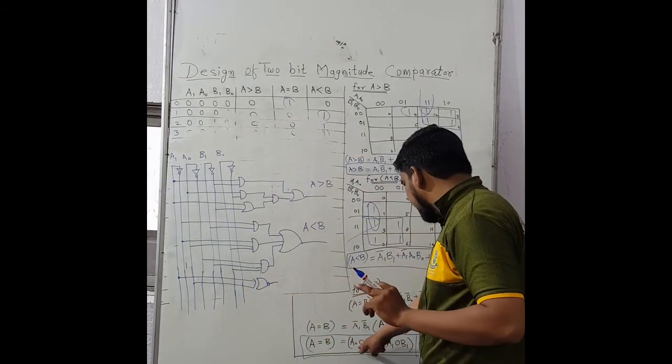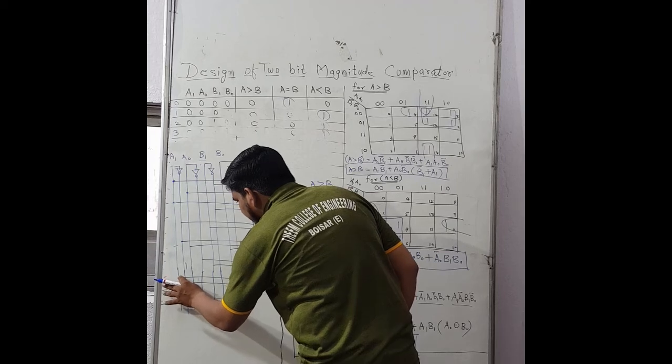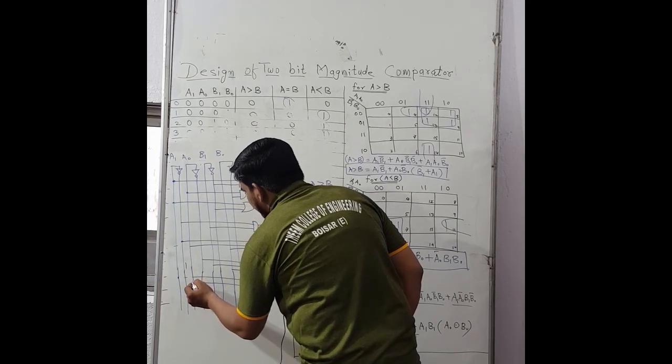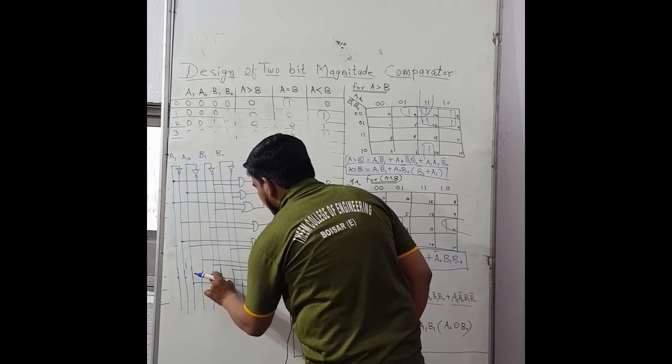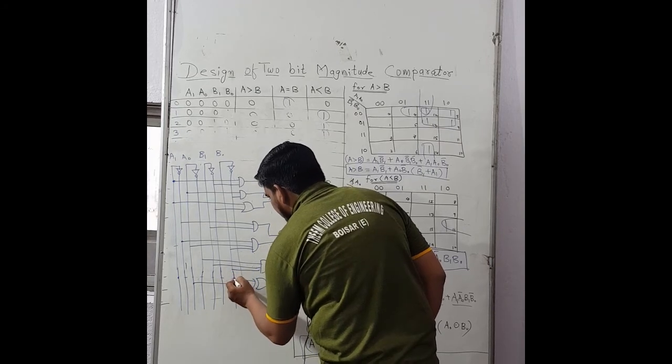A0 we are getting from this side, and B0 is this.